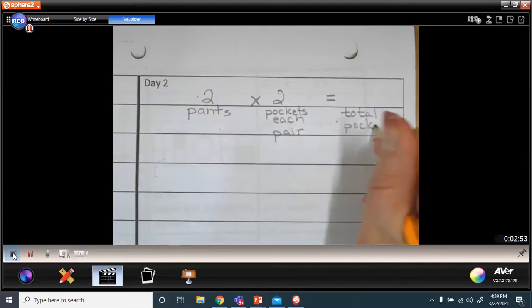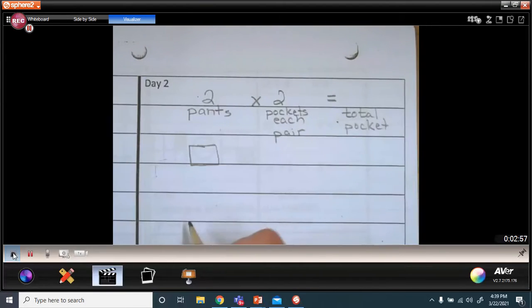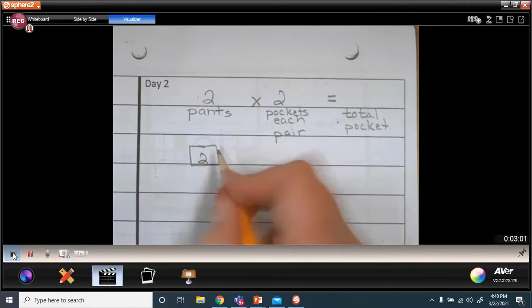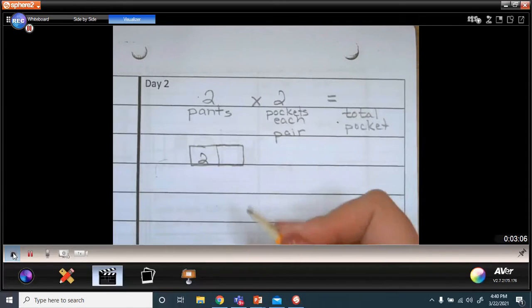So just imagine it. Here's a pair of pants, and there are 2 pockets on that pair of pants. And then we have another pair of pants hanging in the closet.